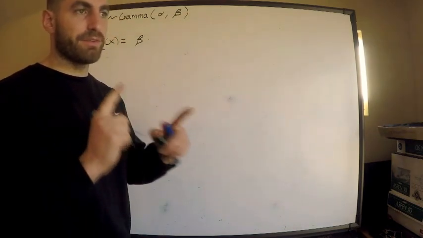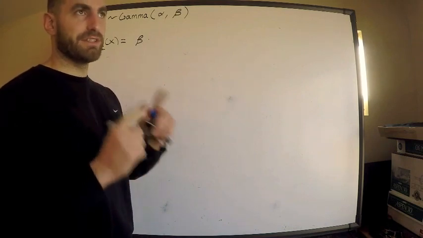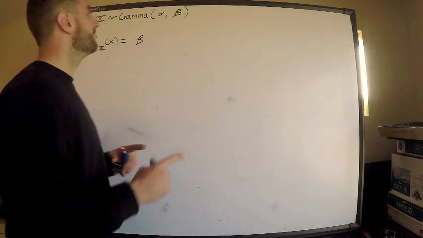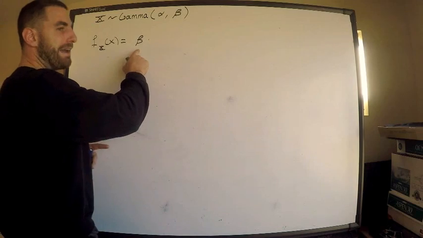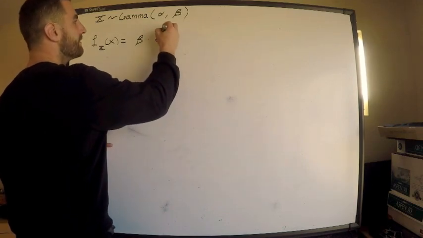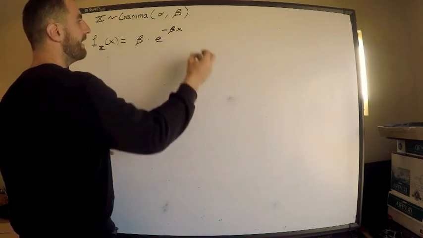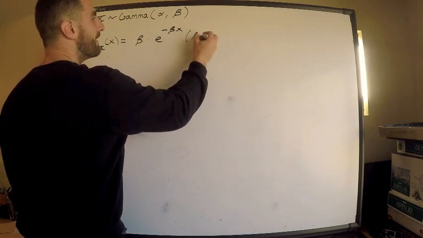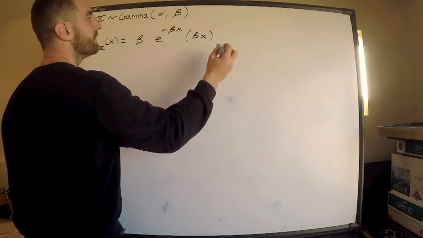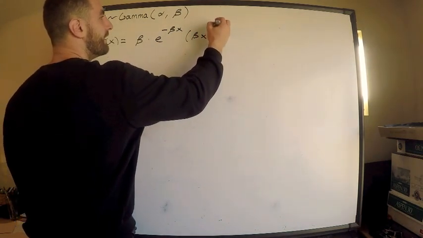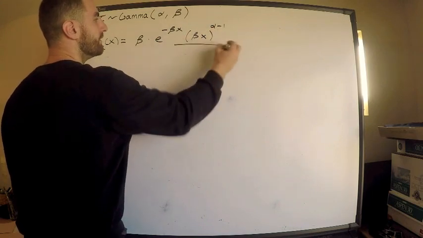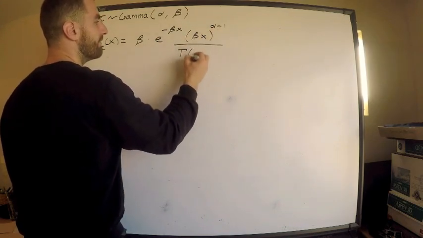There's a relationship between Poisson and gamma, just like there's a relationship between exponential and gamma. So beta times e to the negative beta x times beta x to the alpha minus 1 divided by the gamma function.